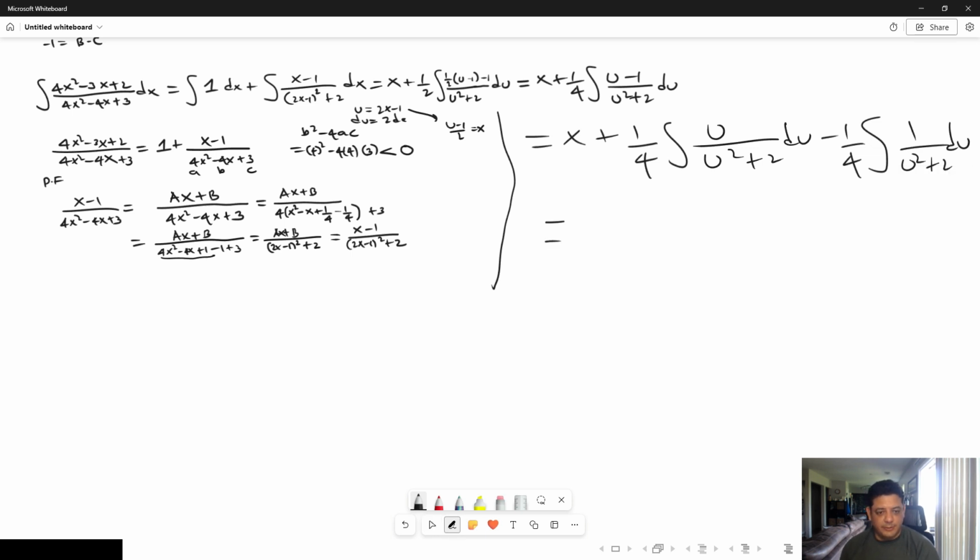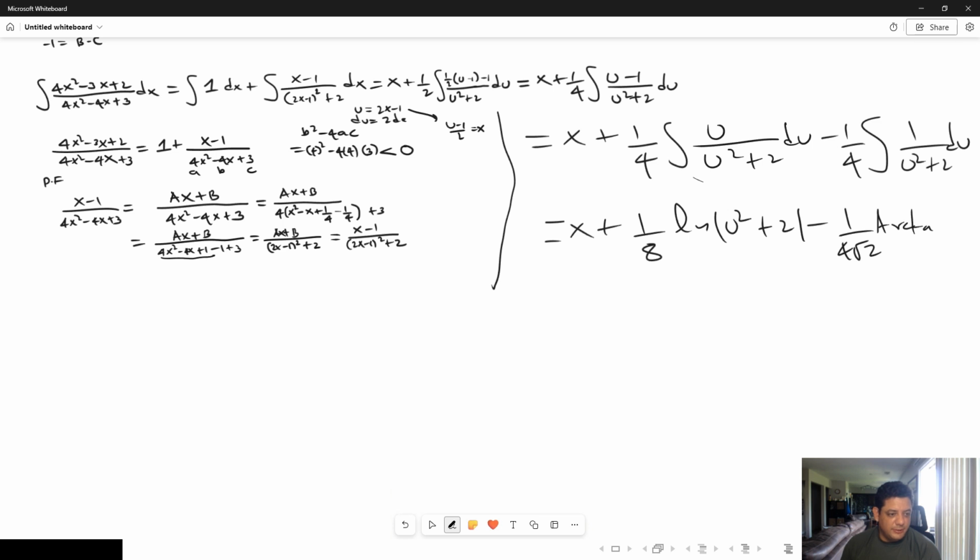So this is going to be x plus 1 over 4 and then the log of u squared plus 2. That's what I get from here. Actually 1/8, because there's a 2 that comes out from the substitution when I'm integrating this log. And from here, same thing. This 2 is like the square root of 2 squared. So I'm going to get a 1 over square root of 2 out. So this is going to be 1/4 square root of 2, and this is going to be arctangent of u over square root of 2.